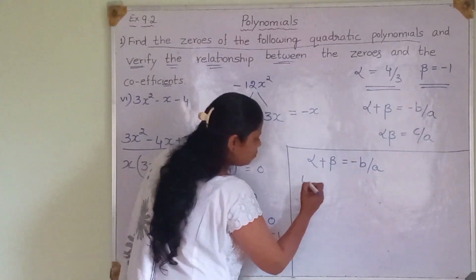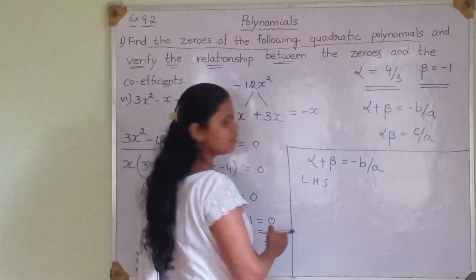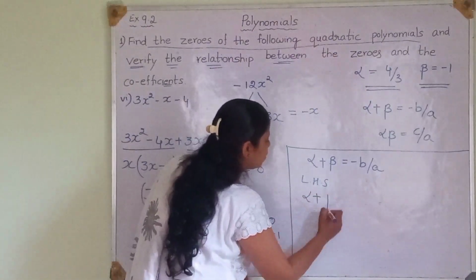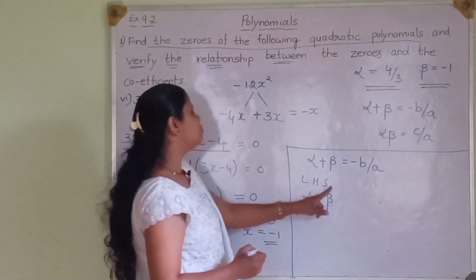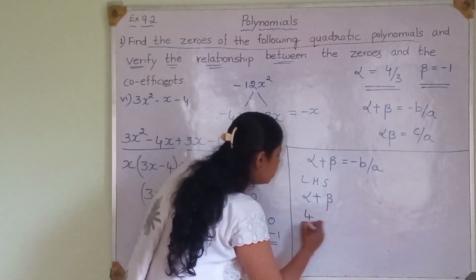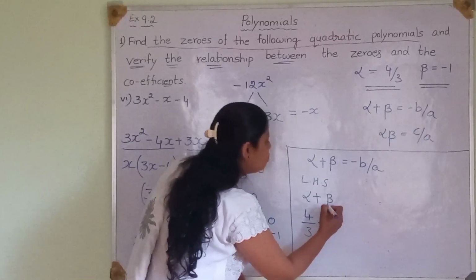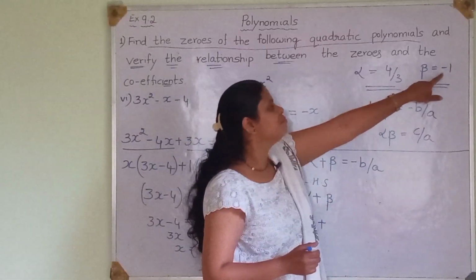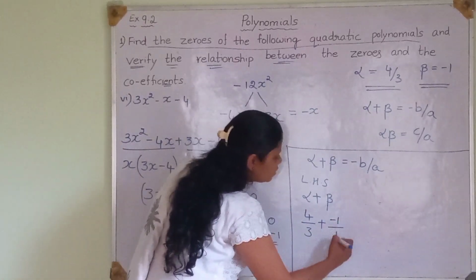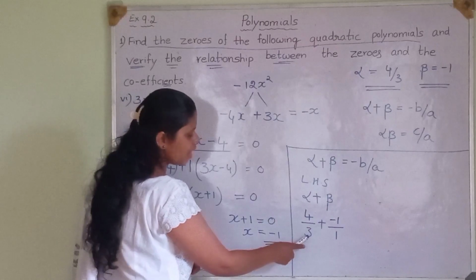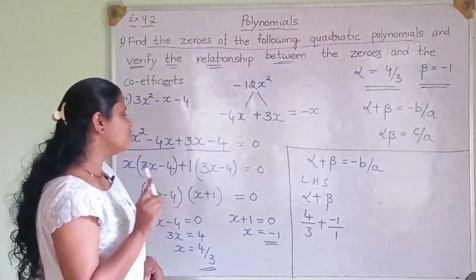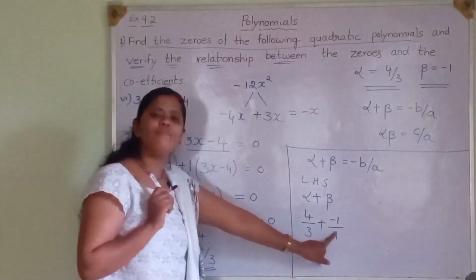First, to verify, let me take LHS and RHS separately. LHS is alpha plus beta. The value of alpha is 4 by 3, plus beta, the value of beta is minus 1. Nothing in the denominator means I can write 1. Now look at this, 3 and 1. The denominators are different, so we have to take the LCM of 3 and 1.